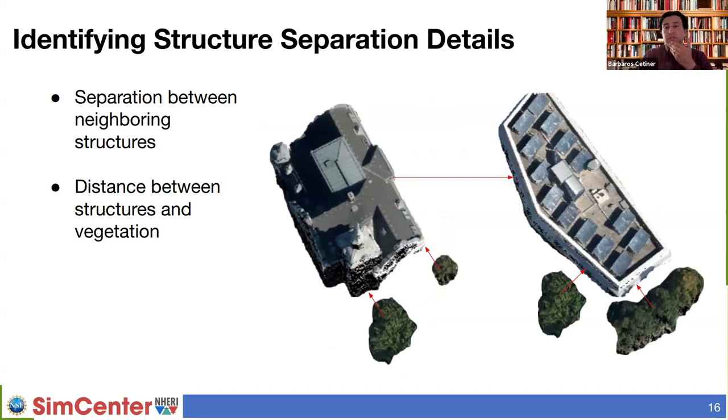What you're seeing here is a model that automatically extracted the mask for elements of interest, in this case buildings and trees, and automates the process of extracting these distances. This is an upcoming feature that is not available yet, that we're hoping to release in the future.